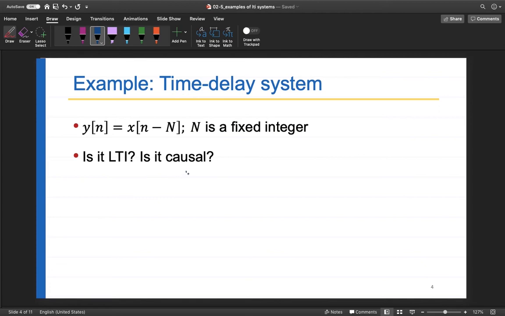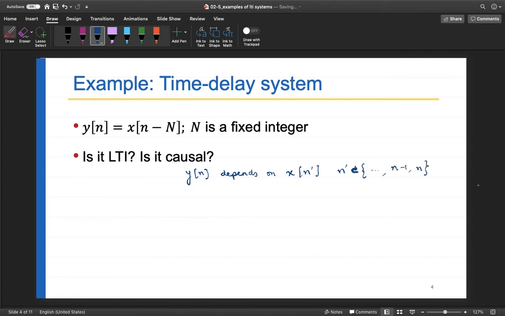Basically, y of n should depend on x of n dash, and n dash could be a subset of whatever until n minus 1 comma n.